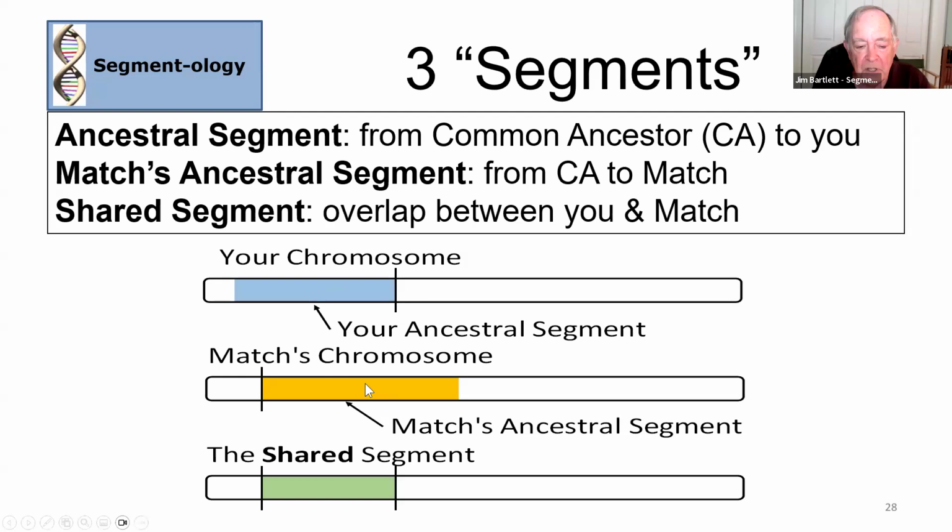So their segment's going to look a little different than yours is. And the only time you see it is when there's enough of it down here to be a shared segment that shows up when the company compares them. And when they say you have this shared segment, that means that part of the match's segment and part of your segment is the same.